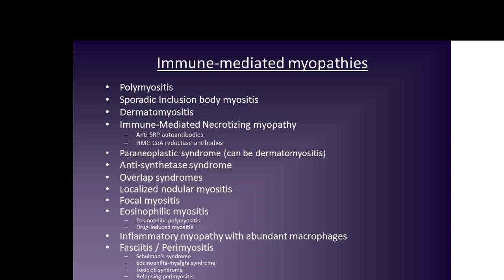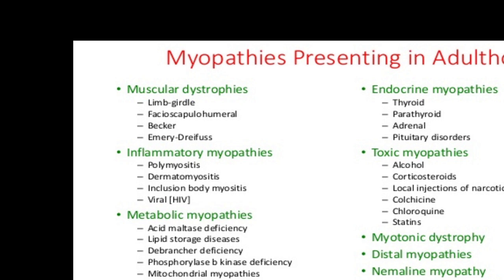Now, among the immune-mediated myopathies which we see are polymyositis and sporadic inclusion body myositis. There are lots of different names, and these can result in a big diagnostic issue, but at the end there is not much to be done in treatment. So you may have lots of different names for making the diagnosis of myopathy in advanced condition.